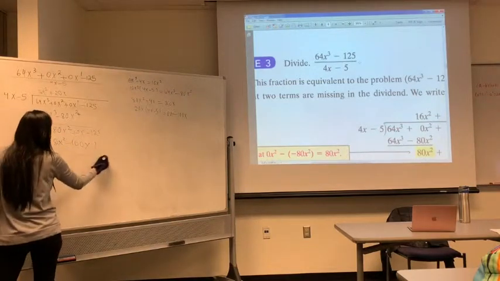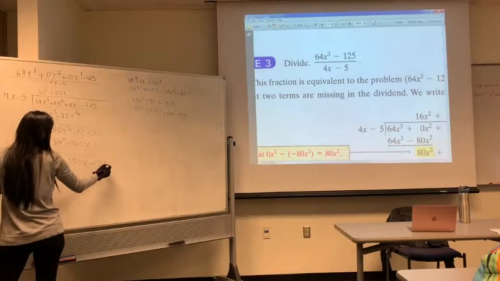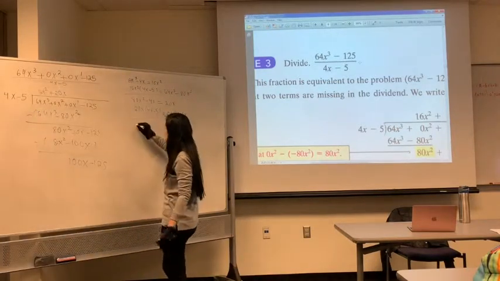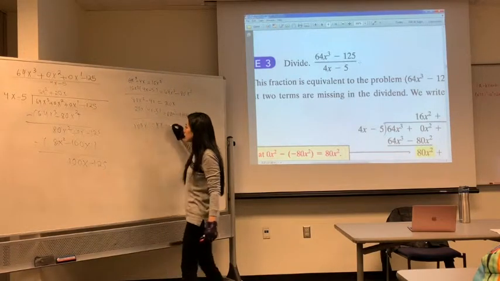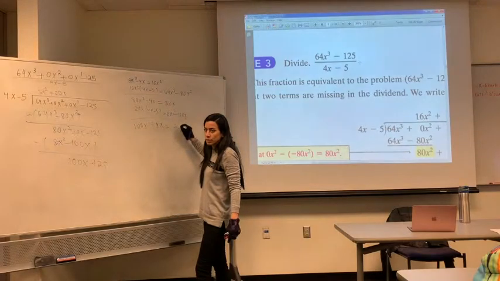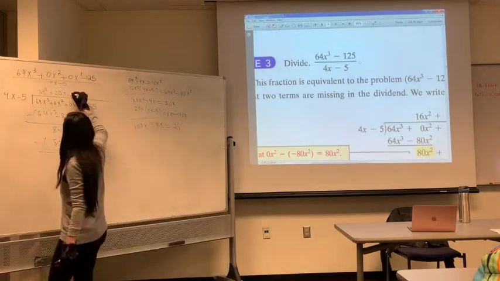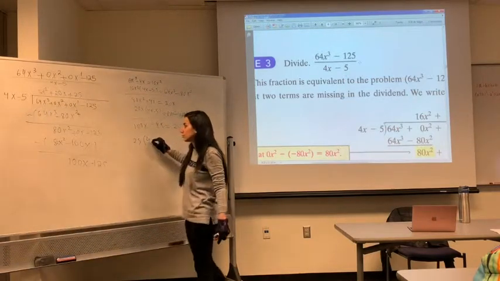Now I'm confused. I need help. X minus 125. And then now 100x divided by 4. X is, what was that, 25? And then 25 goes here, and then 25 multiplies to 4.